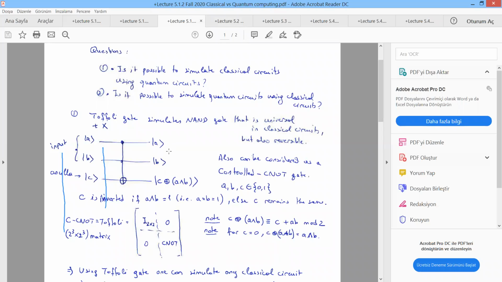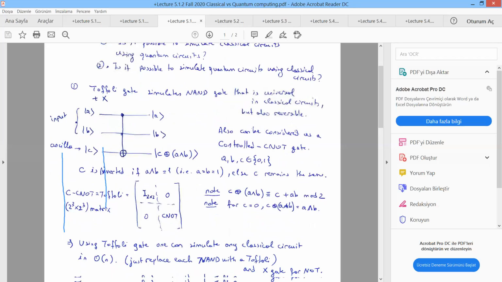This is a controlled CNOT gate. This part of the circuit is a CNOT circuit, but if you add another control bit in the input, it becomes a controlled CNOT gate. So C is inverted if A equals B equals 1, else C remains the same.